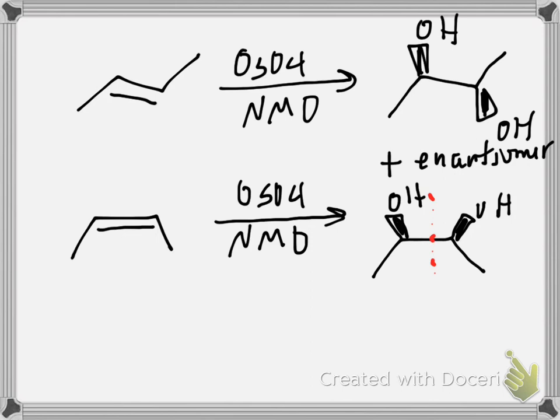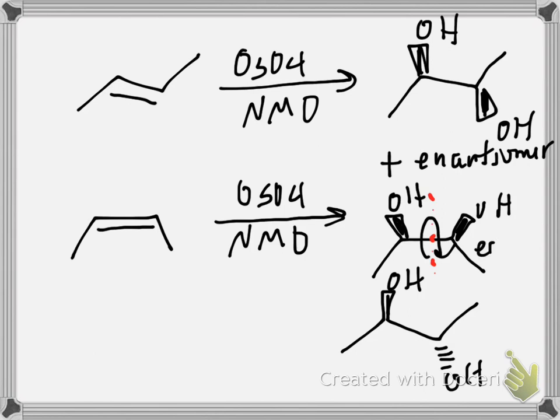And in fact, I can redraw this by simply rotating around that carbon-carbon bond. And instead of drawing an eclipsed conformation, I can draw a staggered conformation. So this is eclipsed, and this is staggered.